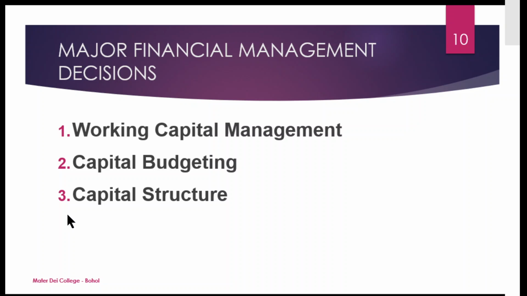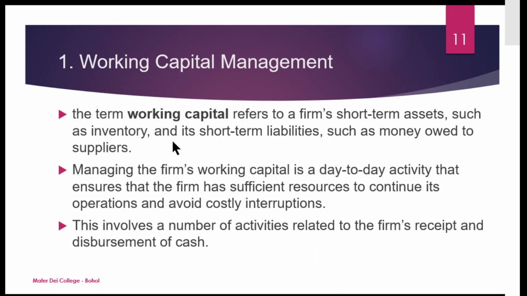These three items will be spread throughout the financial management course, and some of these will be discussed in the higher accounting subject. Working capital management was already discussed in business finance, but we're going to review it and solve problems related to it.